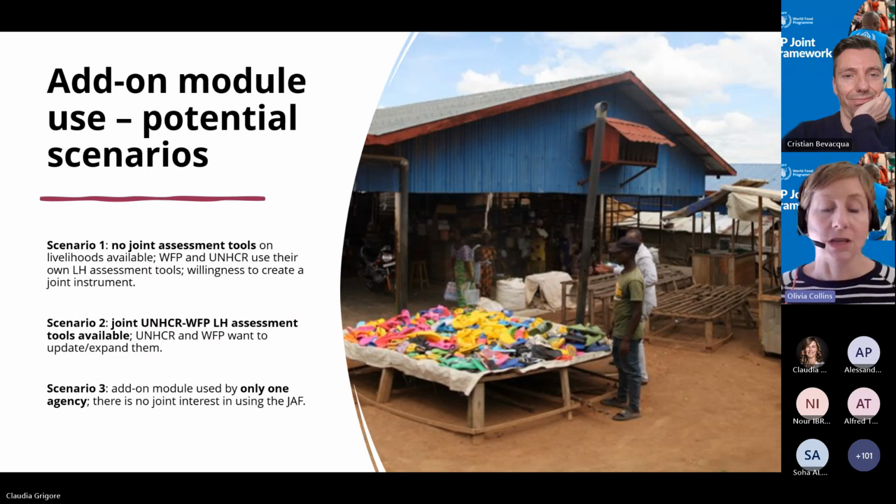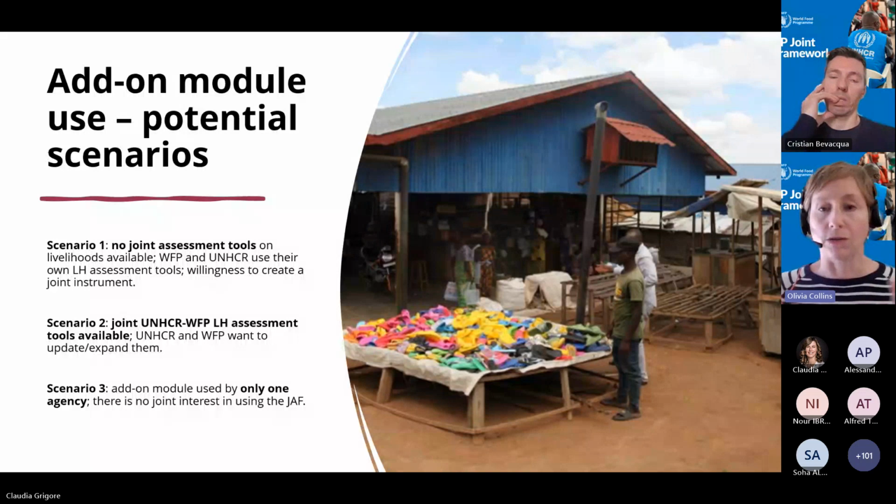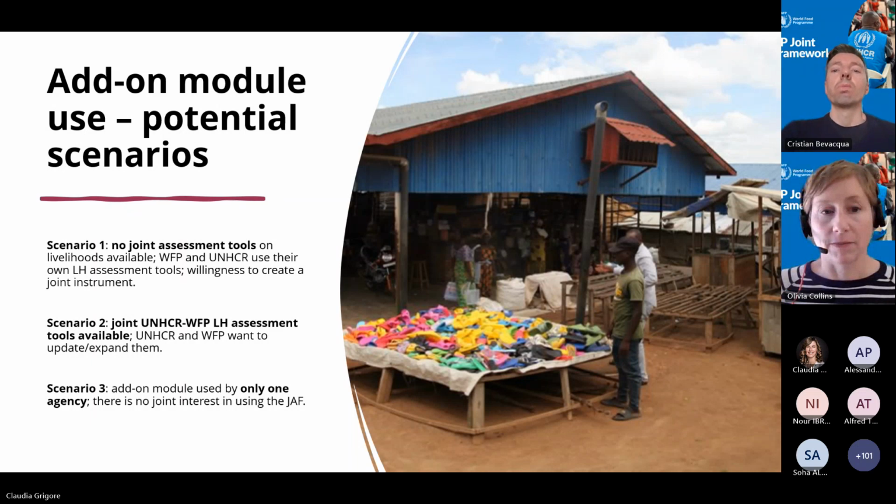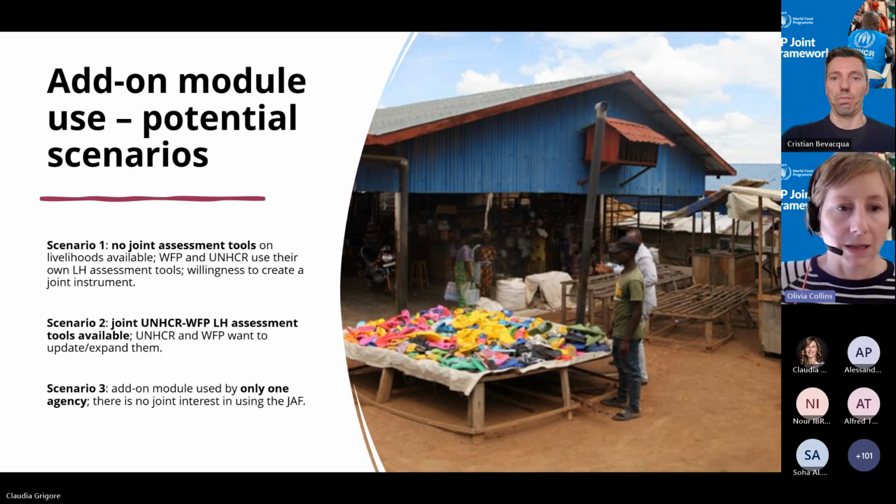Scenario 3, agencies not working together on livelihoods, but working independently, so the JAF livelihoods add-on module could be useful for one agency or the other. Or is it none of the above? With respect to the context where you're working now, or you worked most recently, the context that you know best.